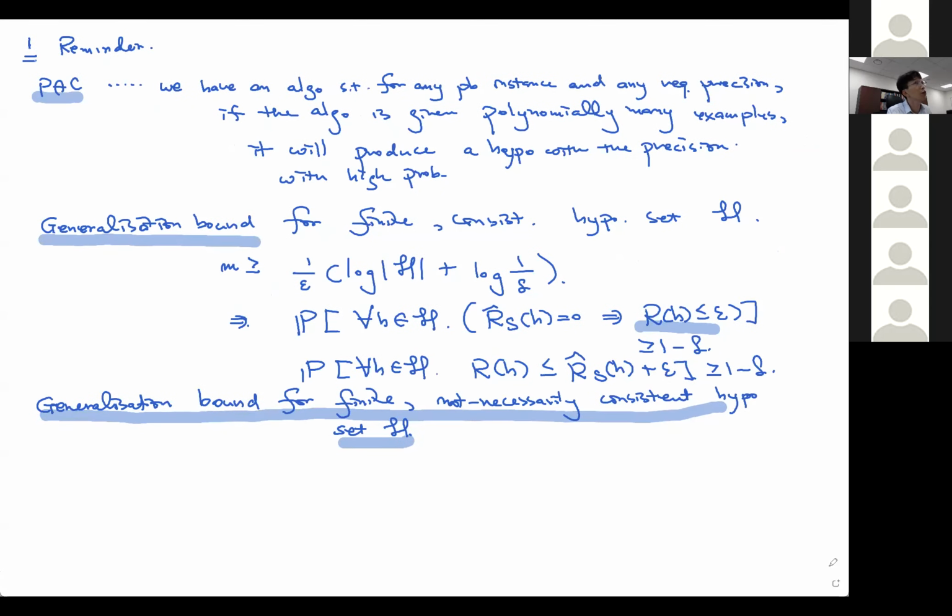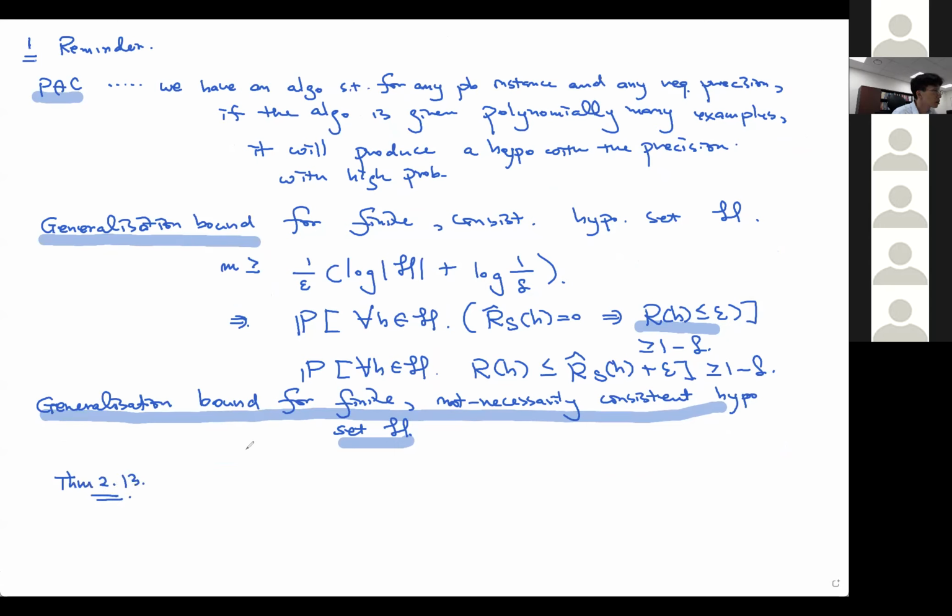The statement of the theorem is like this. It's Theorem 2.13.